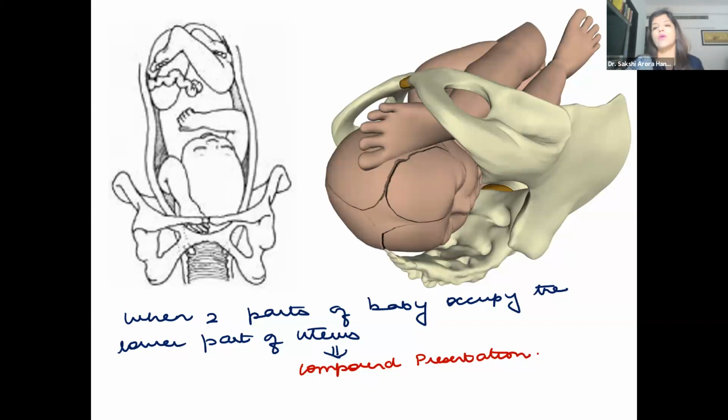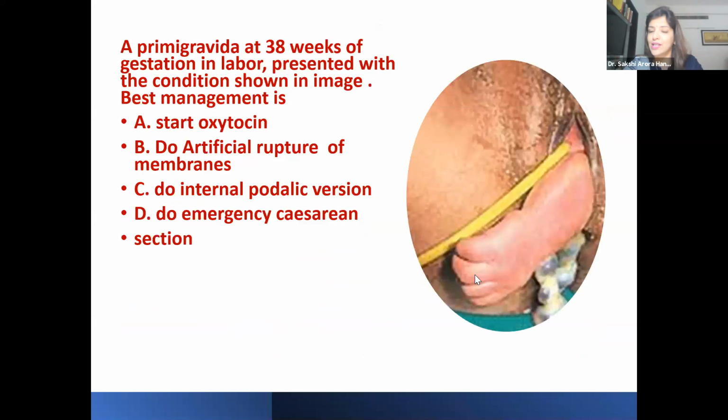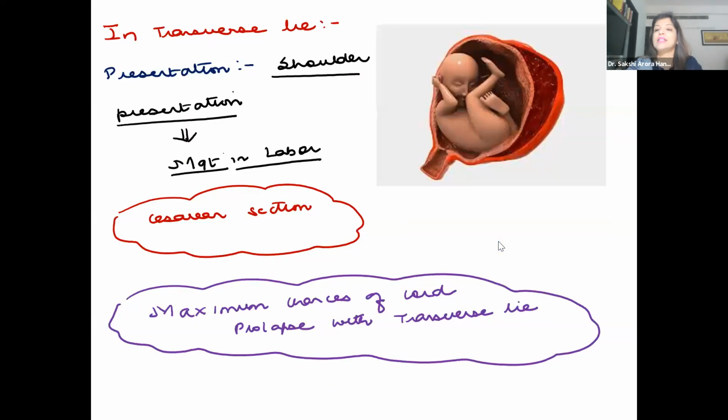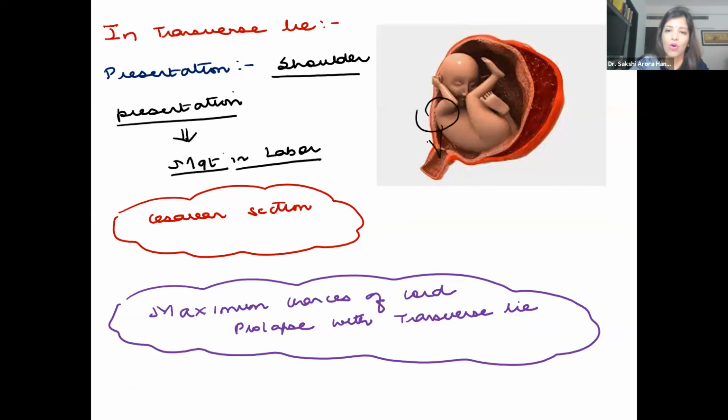The last thing which I want to tell you for this image is that, as I told you, in transverse lie, always you have to do a cesarean section. Instead of transverse lie, the question can call it shoulder presentation. In case of transverse lie, it is the shoulder which faces towards the internal os, towards the lower part of the uterus.